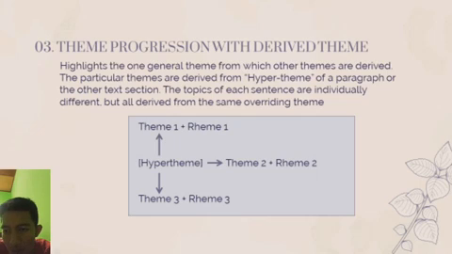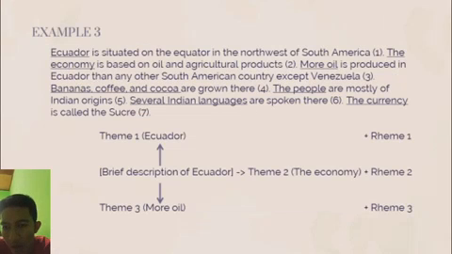That's the explanation, and now we come to the example. Let me read the text first. Ecuador is situated on the equator in the northwest of South America. The economy is based on oil and agricultural products.